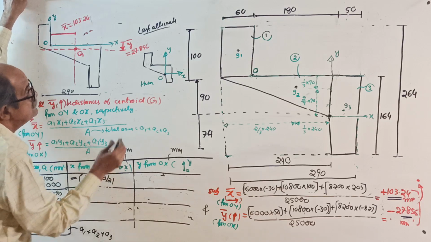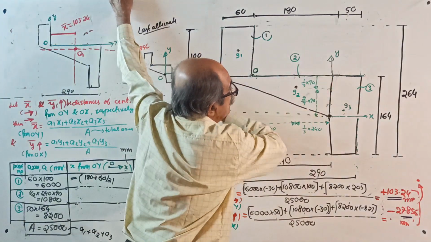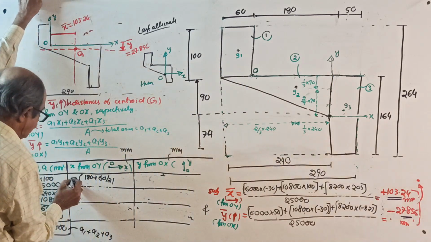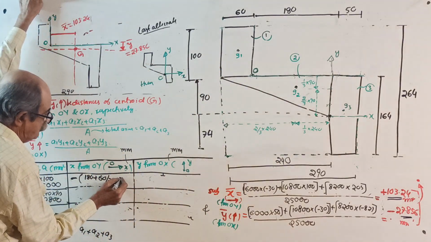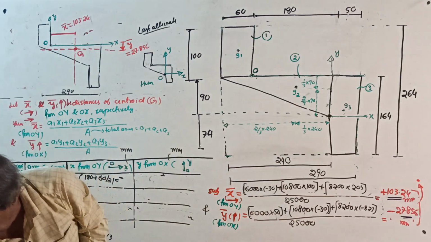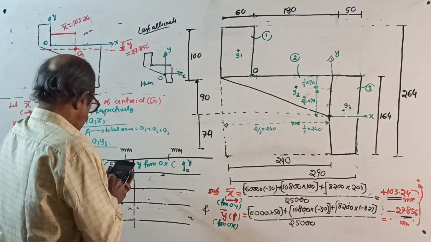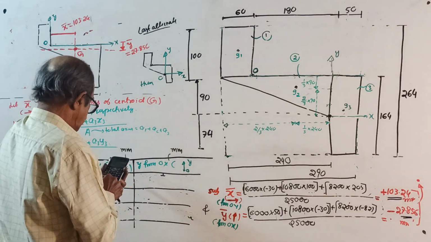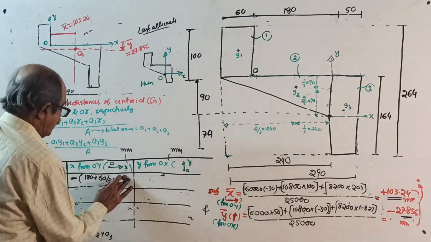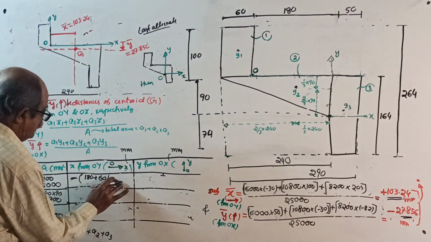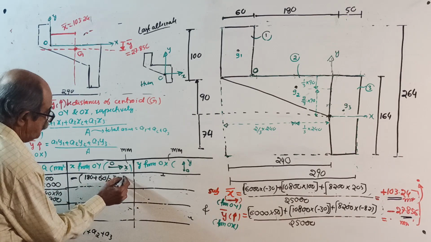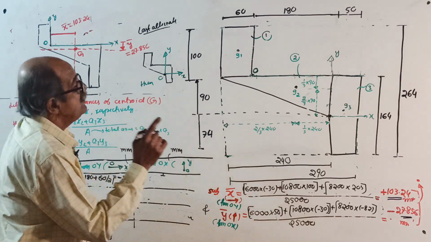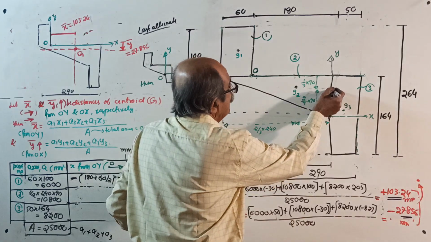But since that G1 is to left of OY, you take outside minus. 180 plus 30 is minus 210. X2, from here to here.